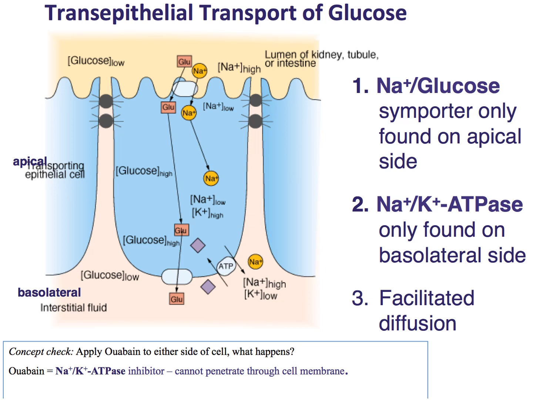Here's glucose, it comes in, sodium comes in, and they have a glucose-sodium symport. That means they both go in the same direction. Here's symport. Antiport would be they would go in opposite directions. Symport, one direction.